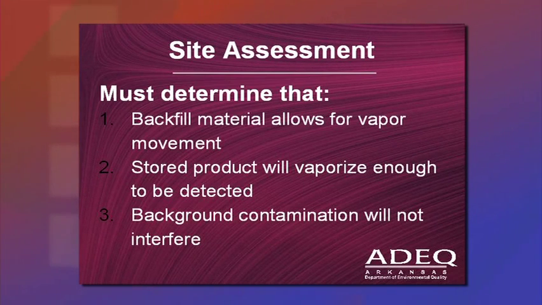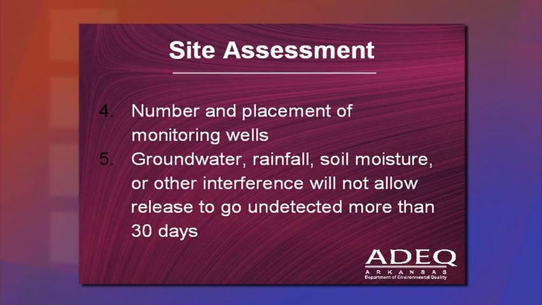The stored product that we're trying to find a release of has to vaporize enough that our monitoring equipment can pick it up. You also have to make sure that any background contamination will not prevent it from picking up vapors in that soil. The number and placement of the monitoring wells is done by the contractor.